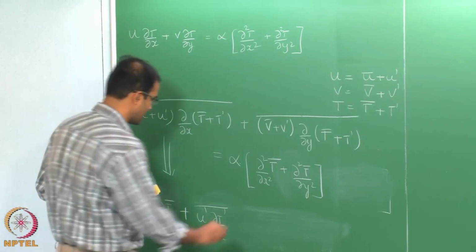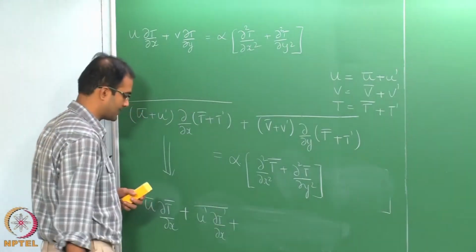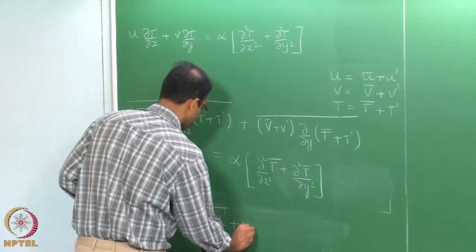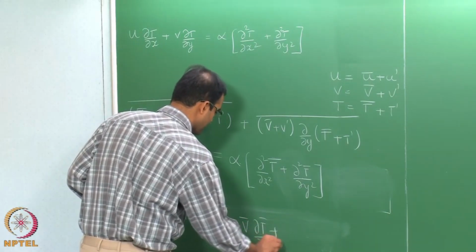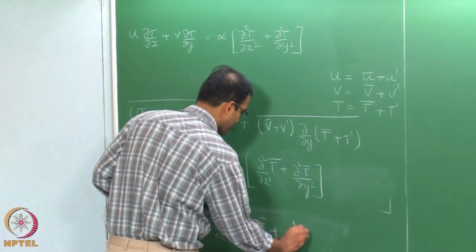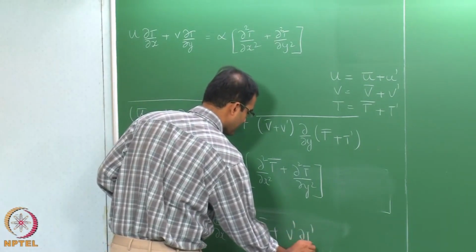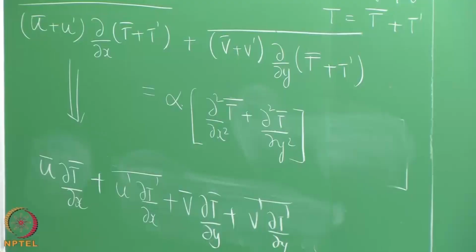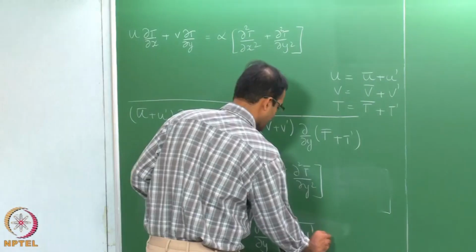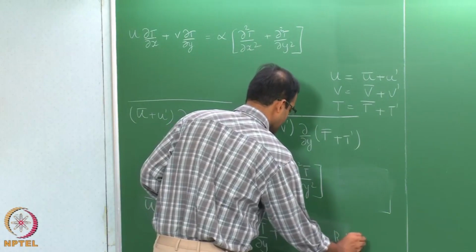Similarly, from the second term on the LHS, we have v bar dT bar/dy plus v prime dT prime/dy average. The right hand side is as it is.